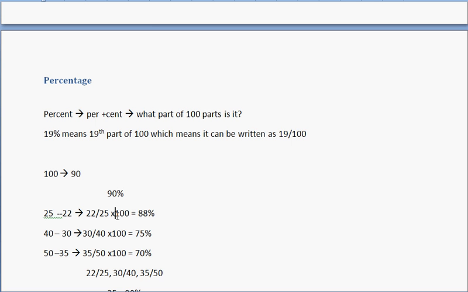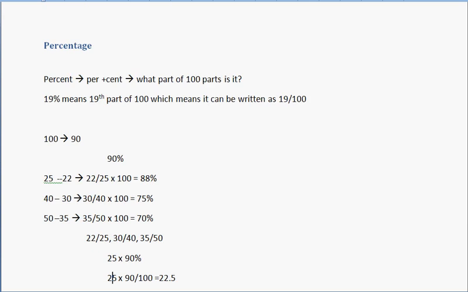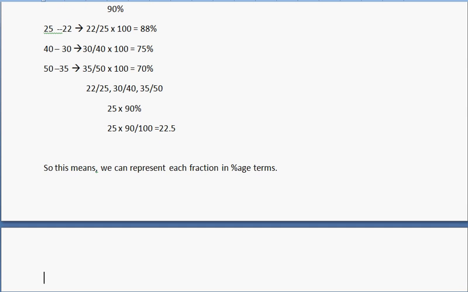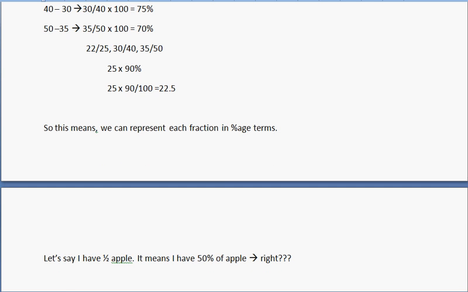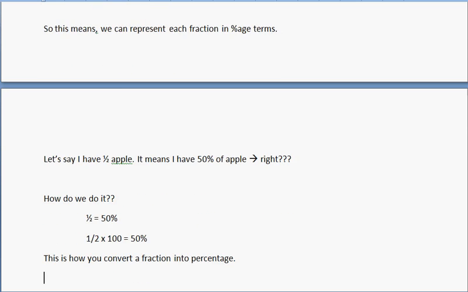So to reduce this effort, we just devised a mathematical tool and we call it percentage. So percentage is nothing but a mathematical tool to make things easy and make comparison easy for us, right? So that's what it means.